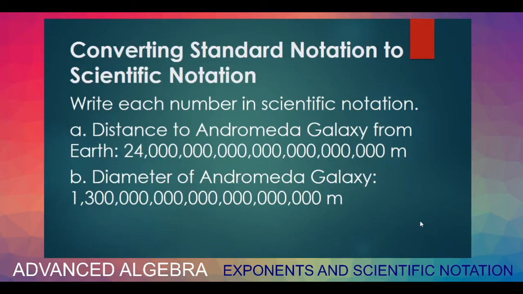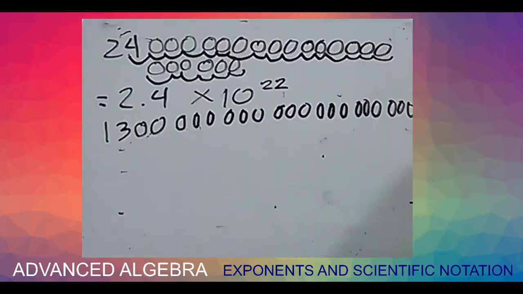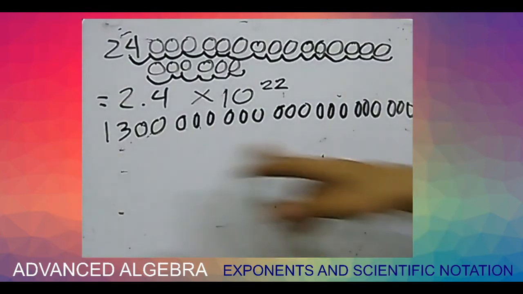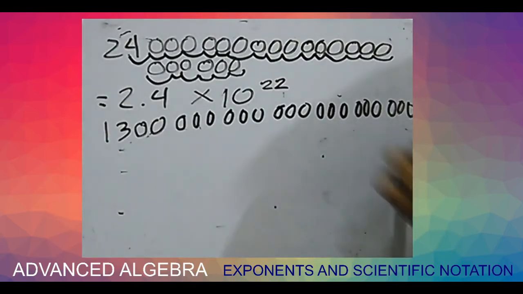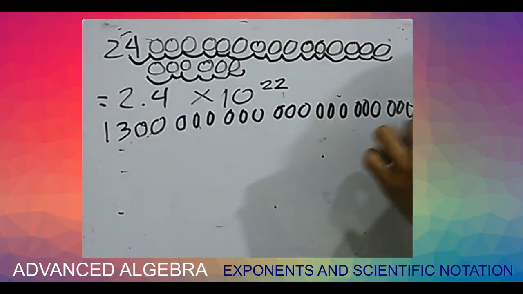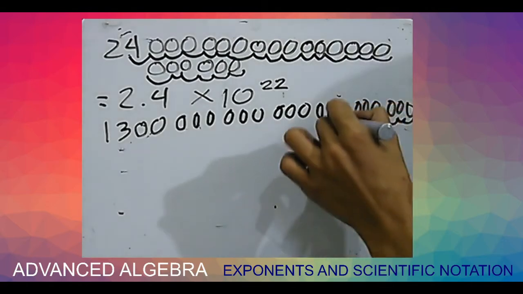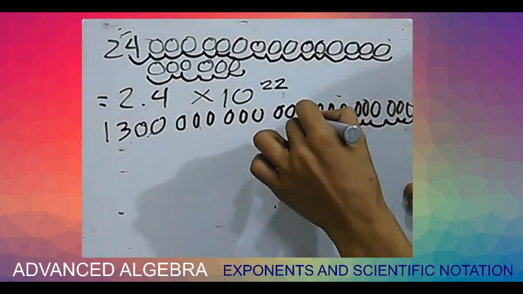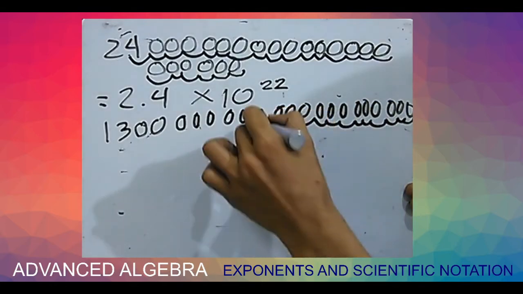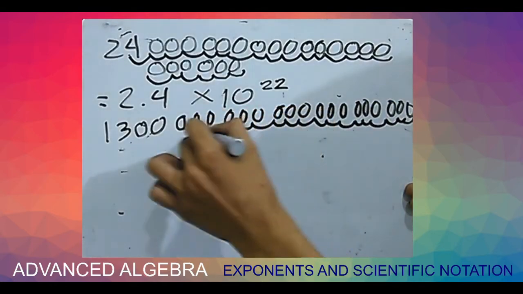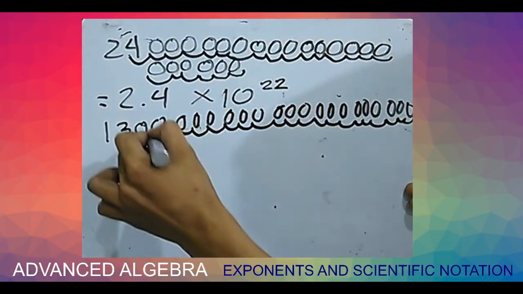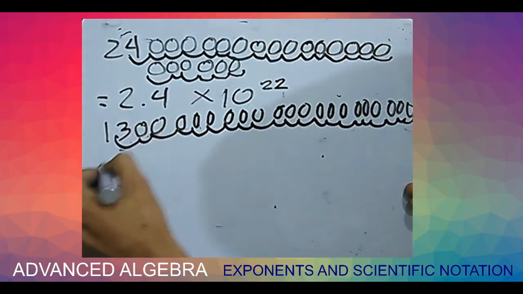Okay. Letter B. Diameter of Andromeda galaxy. Madami na naman 0. Sagutan natin yan. Ganun pa rin. I-move natin decimal places. 1, 2, 3, 4, 5, 6, 7, 8, 9, 10, 11, 12, 13, 14, 15, 16, 17, 18, 19, 20, 21. So 1.3.